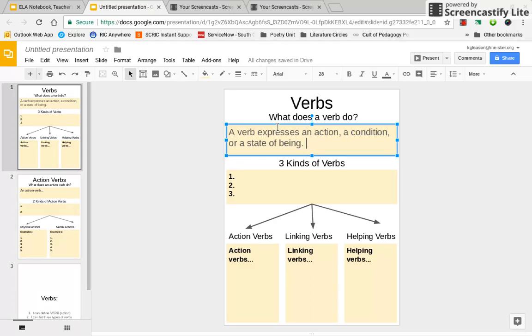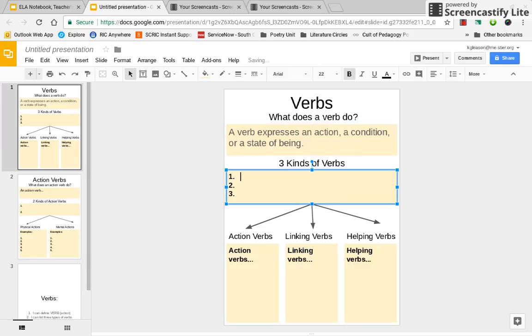And today we're just talking about the action verbs. And tomorrow or the next day, we'll talk about verbs that express condition. Those are called linking verbs. And state of being are also called linking verbs. And then we'll learn about helping verbs, which help express or clarify something about that action. So the 3 kinds of verbs.